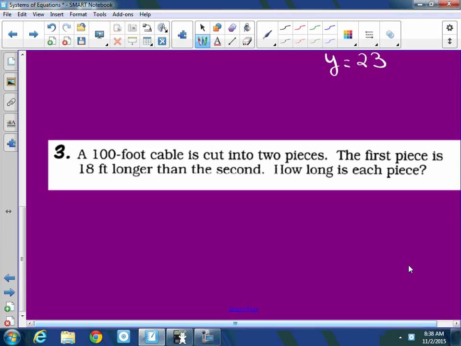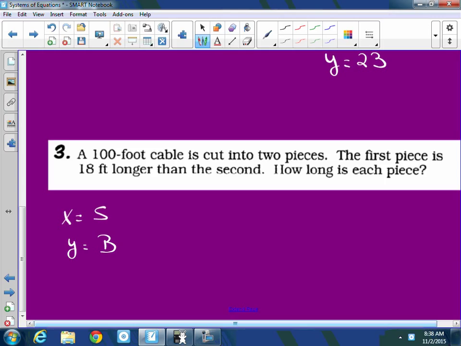Okay, a 100 foot cable is cut into 2 pieces. The first piece is x, and the second is y, and y would be the bigger one, the longer one, right?